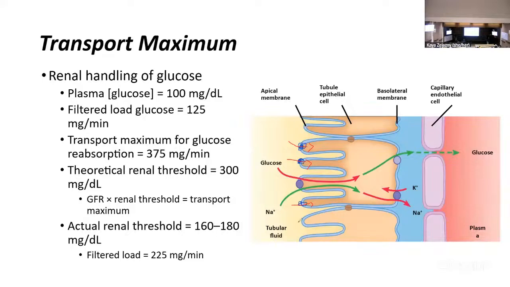If there's only one little transporter empty along our proximal tubule and all the rest are full, the chance that your excess glucose runs into that specific membrane protein lowers as you get to these higher levels. So we have a little bit of an efficiency problem, but we can still handle our typical normal plasma glucose levels just fine. Those normal levels are about 100 milligrams per deciliter, so even with this lowered actual renal threshold of about 160 to 180, we should still be able to reabsorb all our glucose.